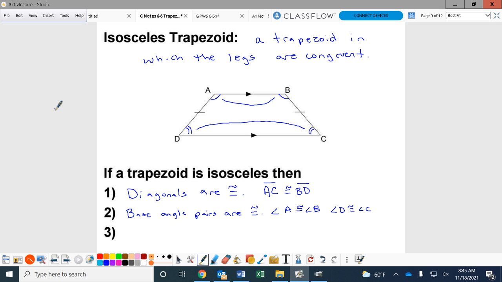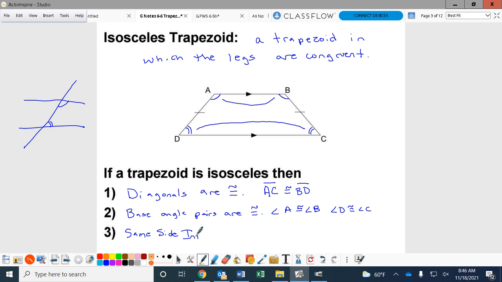Let me draw a picture. I draw two parallel lines cut by a transversal, and I talk about this angle and this angle. These are what kind of angles? Same side interior, and same side interior angles are supplementary to each other.